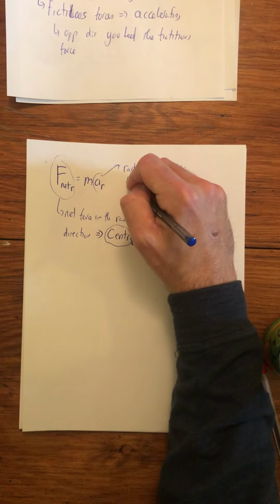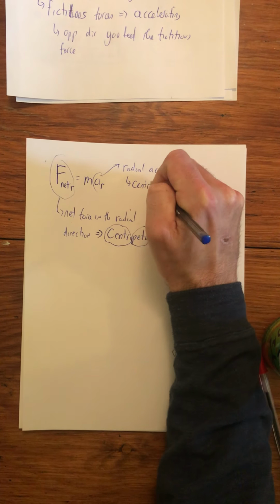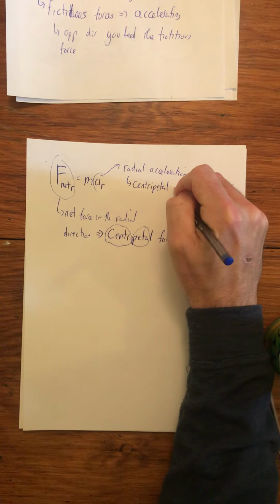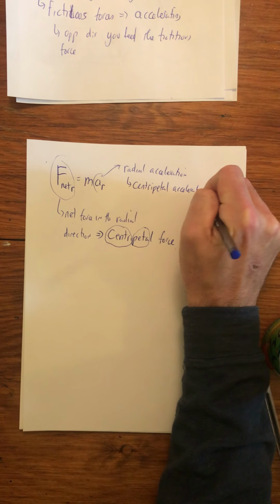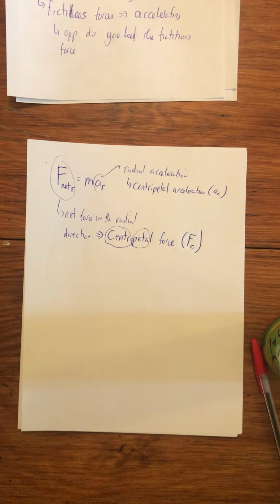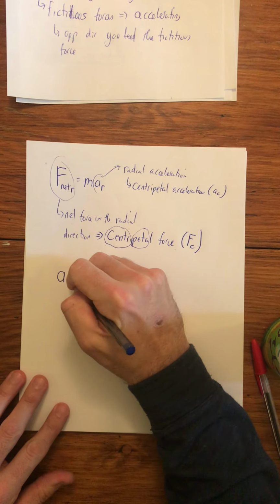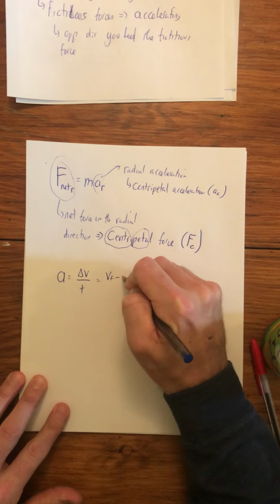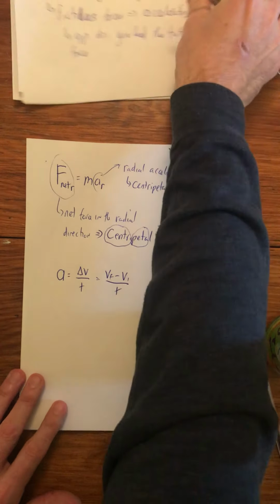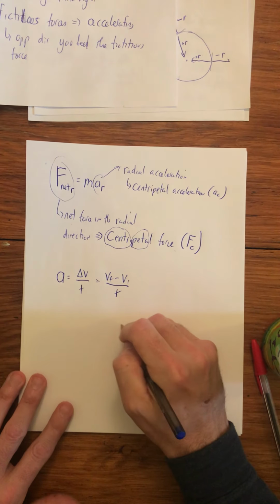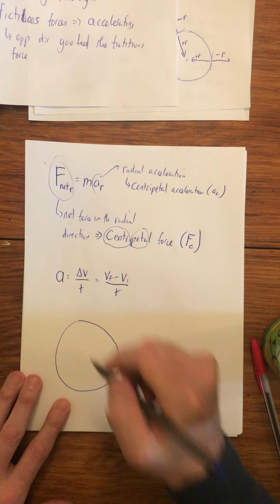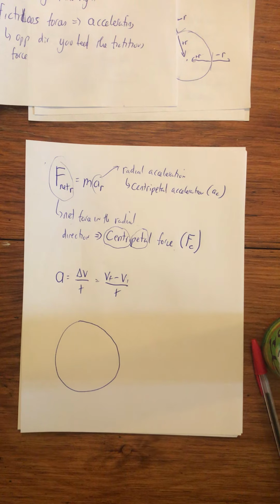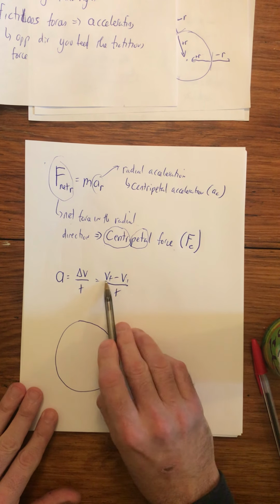Now, the radial acceleration is also called the centripetal acceleration, which some people write as AC. Here we're going to have a new equation for the centripetal acceleration, because if we think about our old acceleration equation, delta V over t, that's V final minus V initial over t, and I'm going around my circle at a constant speed, you'd be very tempted to put the same value in there.